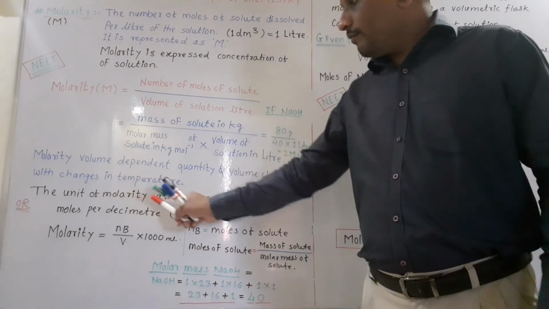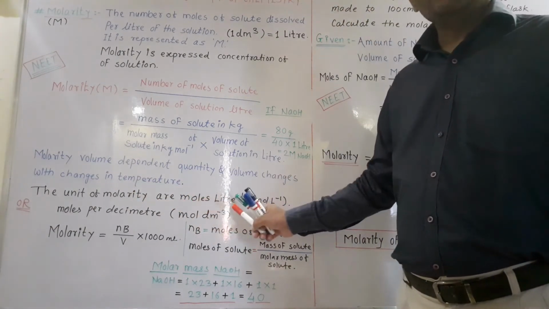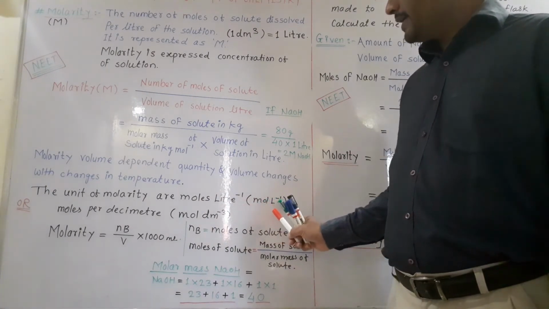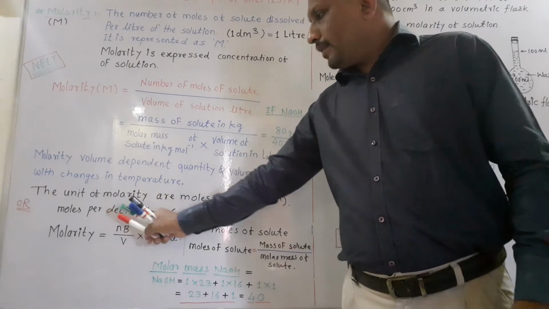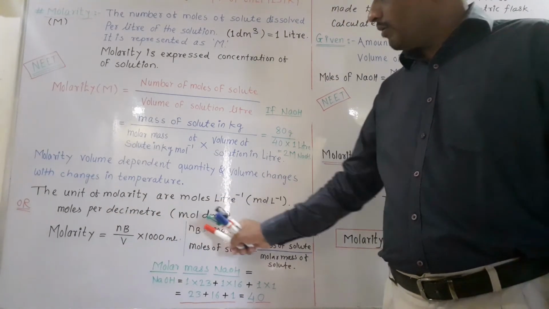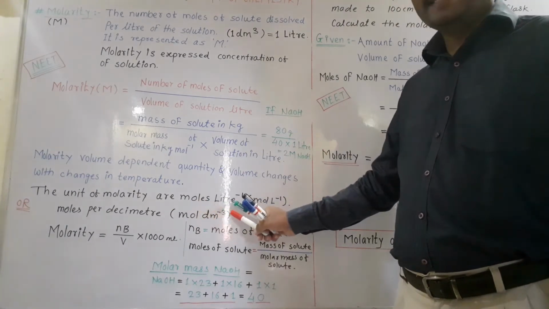The unit of molarity is moles per liter, or moles per decimeter cube.